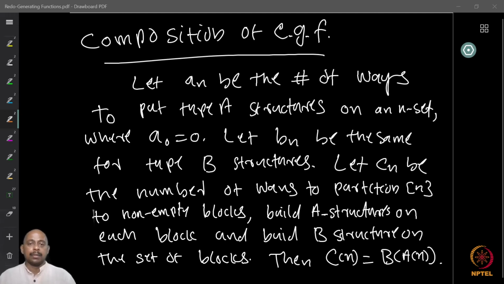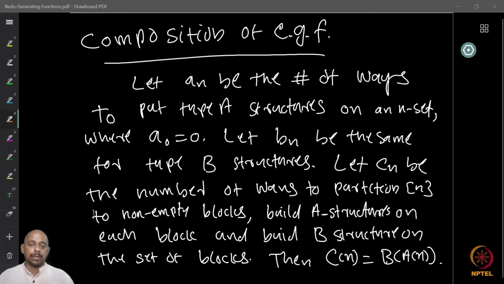Then the claim is that C of x is equal to B of A of x. That is, the exponential generating function which counts the sequence Cn is the generating function of B with A of x substituted for x. So this is our theorem.